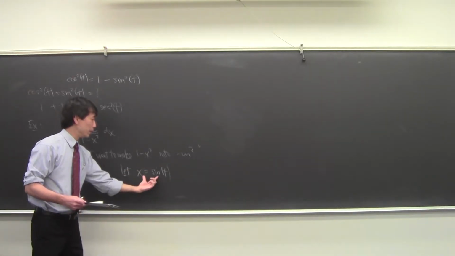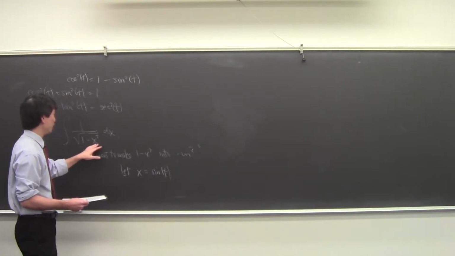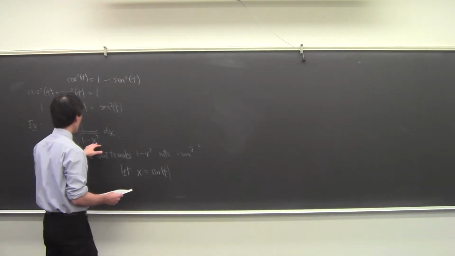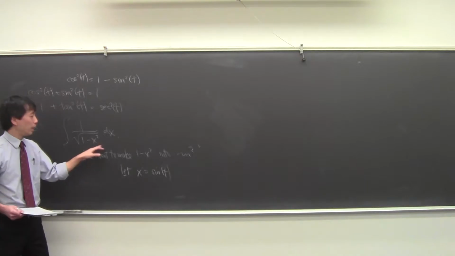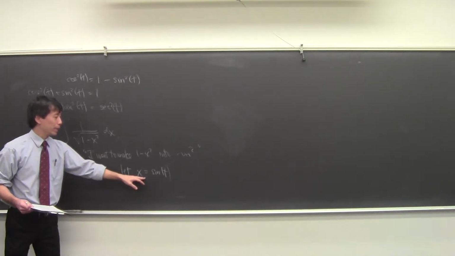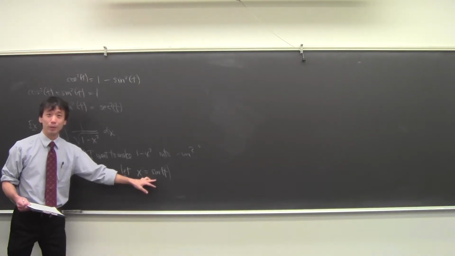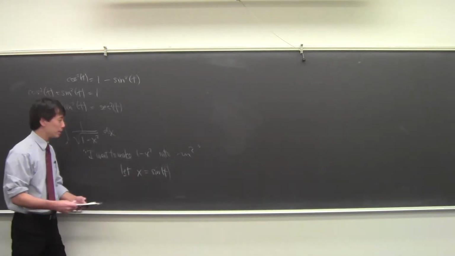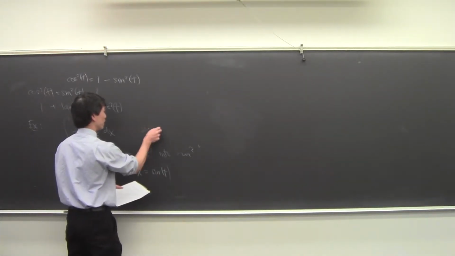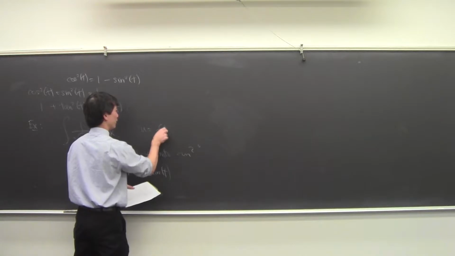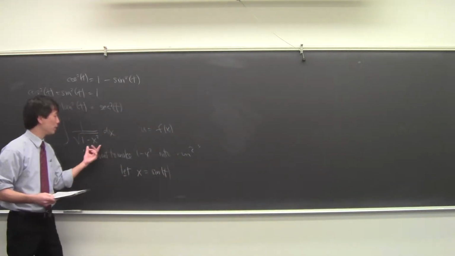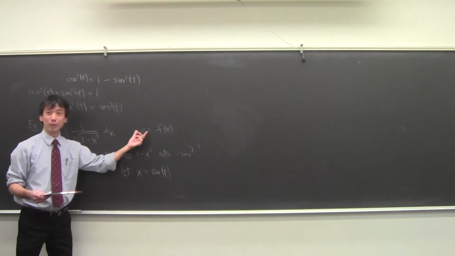Now, just one thing to remember is that when you're doing this, this is like your u substitution. And the way we're writing it is sort of backwards from the way we wrote the u substitution. Because when you write the u substitution, it's usually u is some function of x, rather than writing x as some function of u.